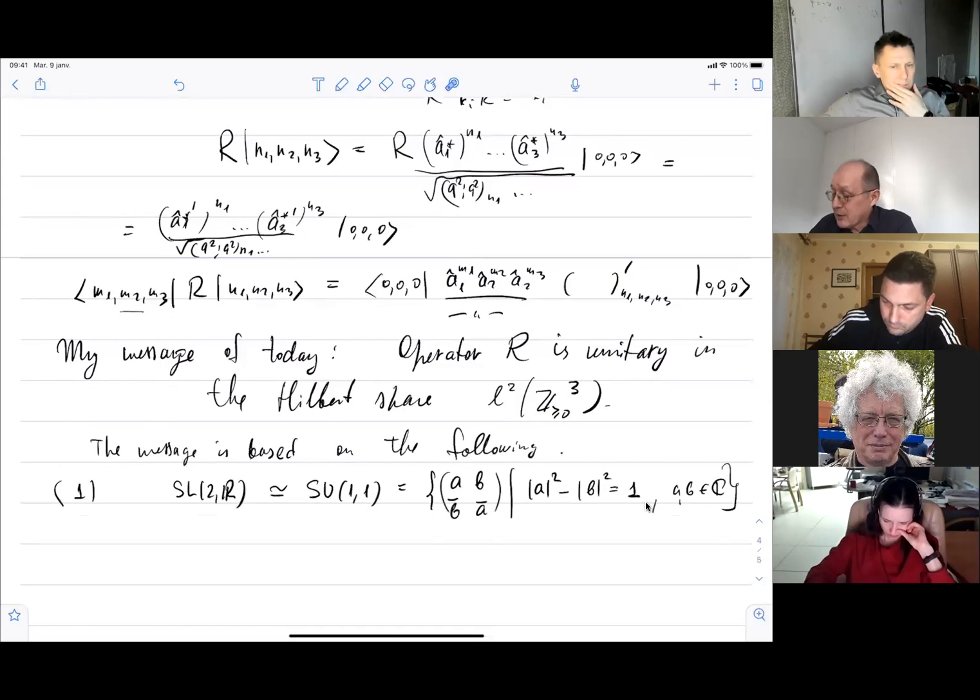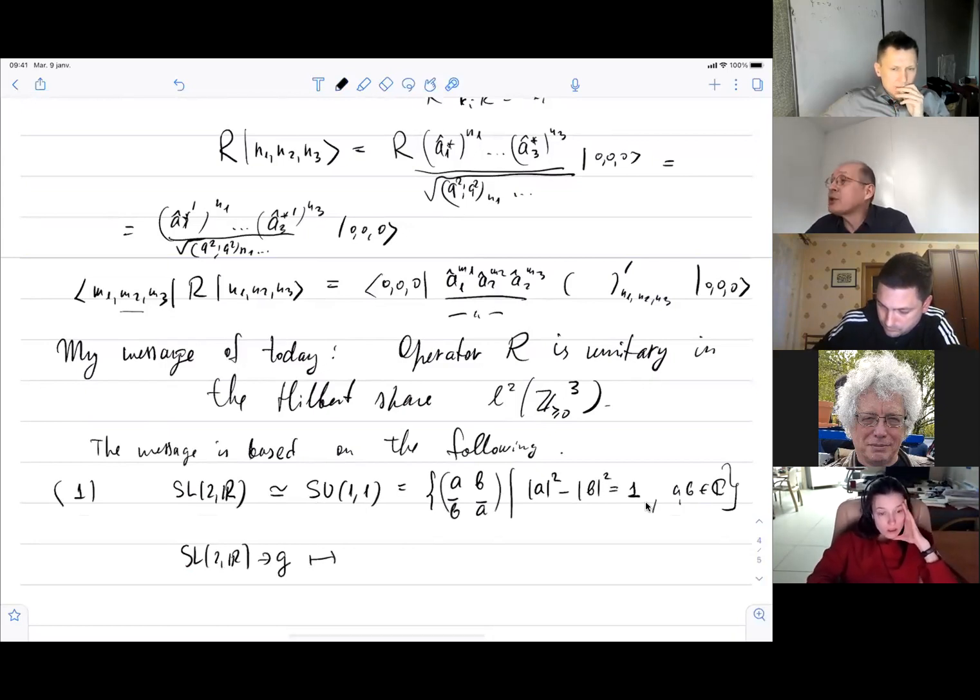If you take an element G of SL2R, then you map it to the conjugate of G by the matrix (1, minus i; 1, i), G times (1, minus i; 1, i) inverse.